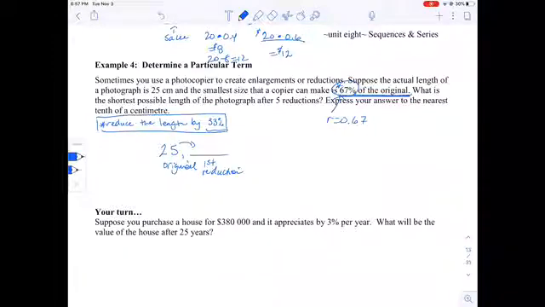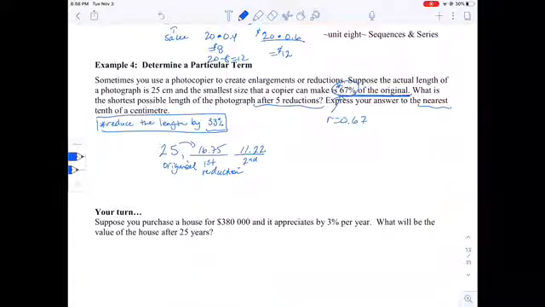And if I do that, I get 16.75. And I times by 0.67 for my second reduction. If we times by 0.67, we get 11.22. Okay, nearest tenth of a centimeter. We'll round at the very end after 5 reductions.